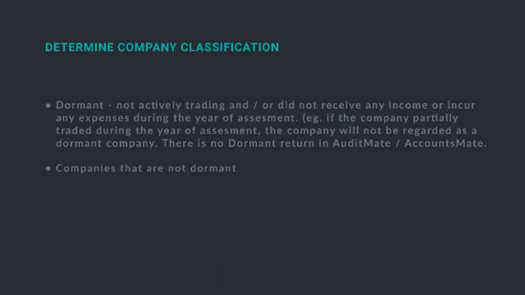Obviously, in AuditMate and AccountsMate, we don't have a return for a dormant company. You can just log onto your e-filing and complete the dormant company return very simply. You wouldn't be doing a trial balance, set of financials, and ITR14 in AuditMate, so we don't have that. So we're only dealing with companies that are not dormant.